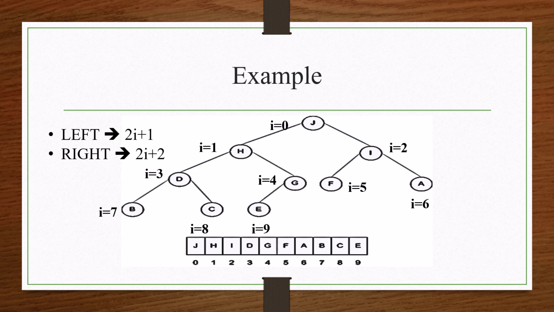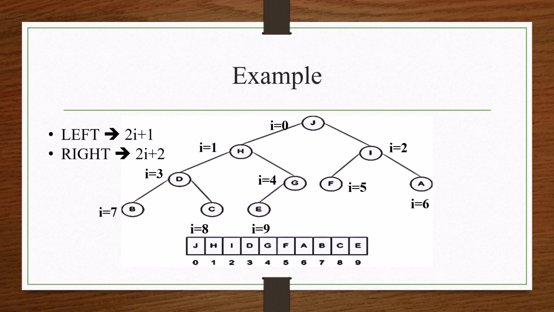The idea is simple. The root goes at index 0. Then, for any node at index i, its left child goes at 2i + 1, and its right child goes at 2i + 2.